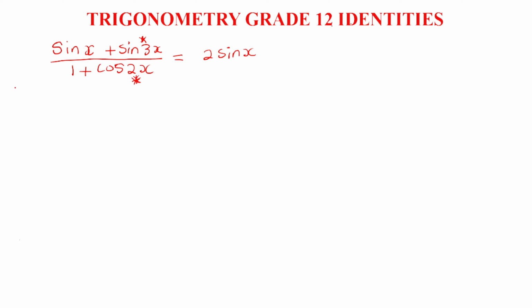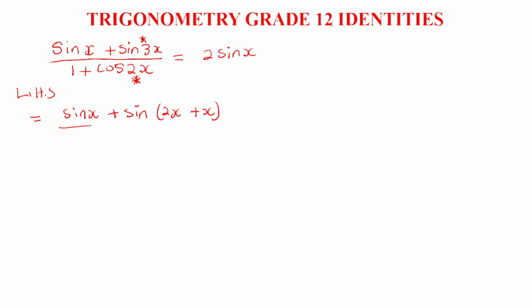Now we're going to tell the examiner that we are starting on the left hand side. So it's going to be equal to sine x, which will stay as sine x. We can't change that to anything, plus sine 3x, which we can change to 2x plus x. It will still go back here.